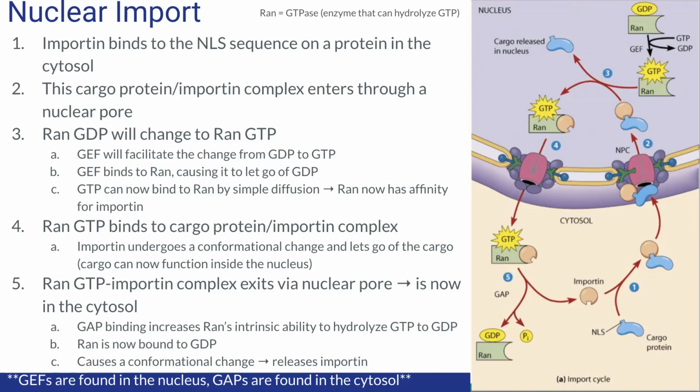Looking at this, the GDP in the cytosol would diffuse out and GTP would bind, which means that RAN would keep binding importin in the cytosol, which is why the rate of import would decrease. The original question was a mutation that decreases the affinity of RAN for GDP such that GDP dissociates out of the RAN binding pocket as soon as it binds.